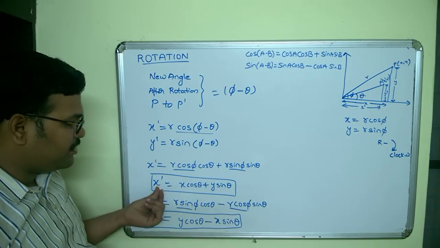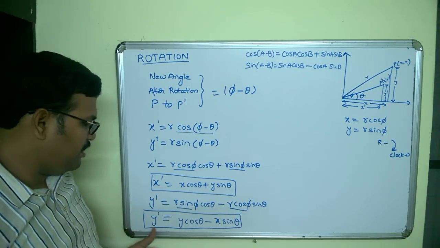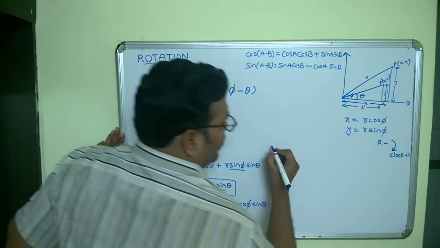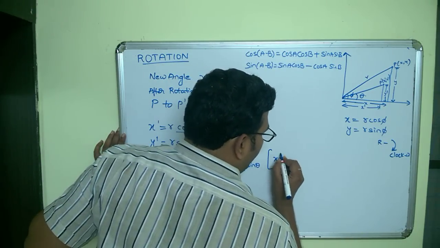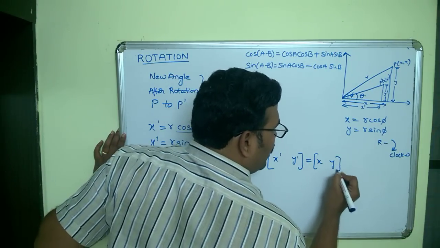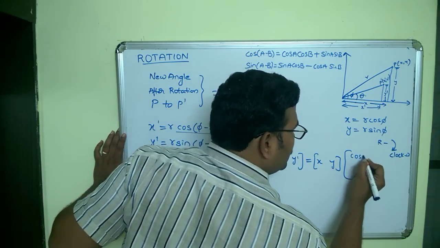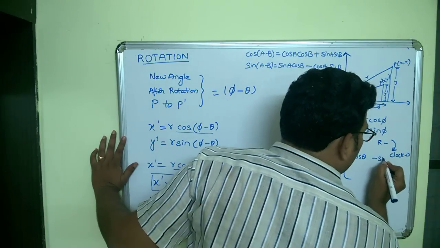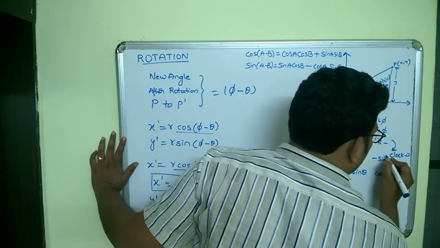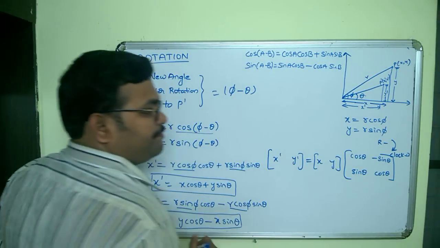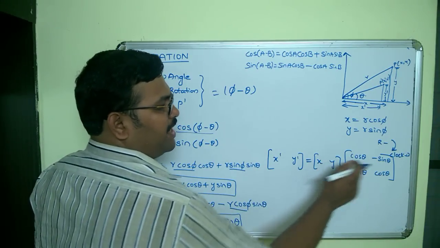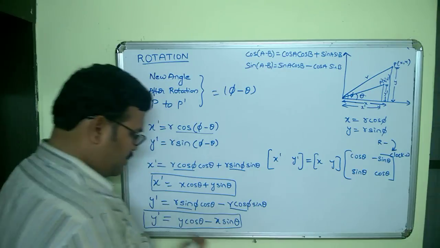So x' is equal to x cos theta plus y sin theta, and y' is equal to y cos theta minus x sin theta. We can write this in matrix format: [x' y'] = [x y] times the matrix [cos theta, -sin theta; sin theta, cos theta], giving x cos theta plus y sin theta, and minus x sin theta plus y cos theta.